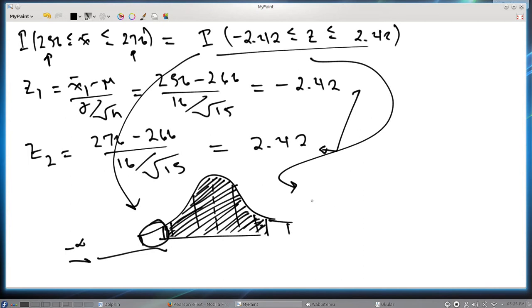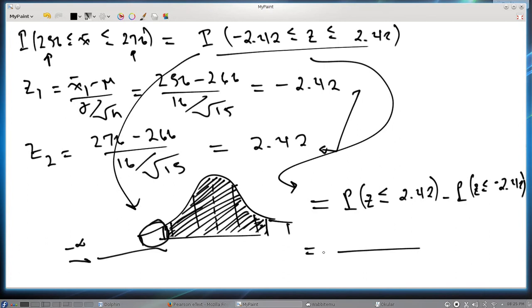I'm going to split it by writing it like this: P of z less than 2.42 minus P of z less than negative 2.42. So to draw the curve here, I'll show you. Basically you read anything all the way from negative infinity to 2.42, so the entire shaded region, and then minus this one, which is from negative infinity to negative 2.42.